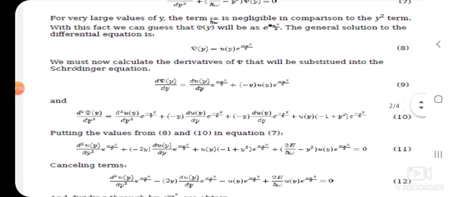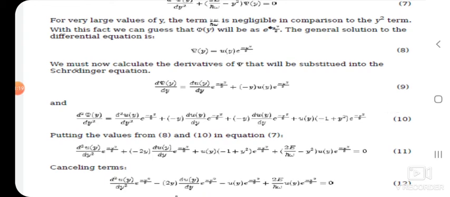Then it becomes d square psi of y by dou y square is equal to dou square u of y by dou y square e to the power of minus y square by 2, plus in bracket minus y dou u of y by dou y e to the power of minus y square by 2, plus in bracket minus y dou u of y by dou y e to the power of minus y square by 2, plus u of y in bracket minus 1 plus y square into e to the power of minus y square by 2.